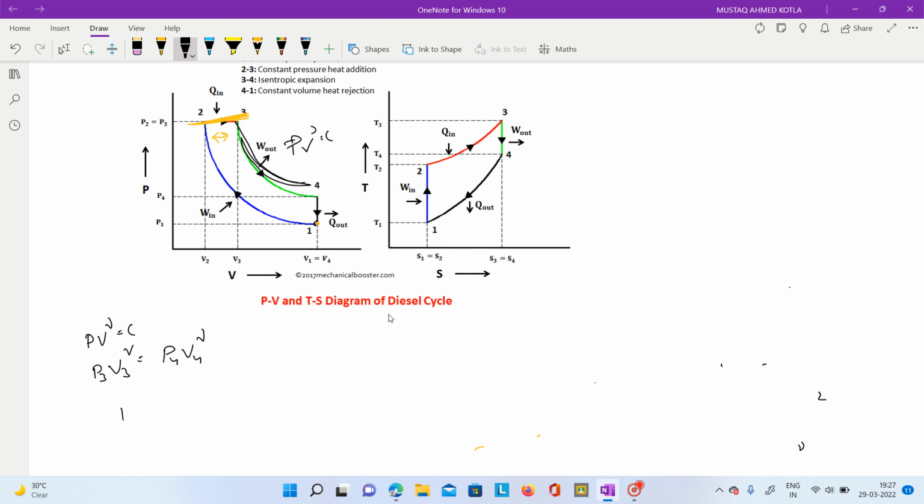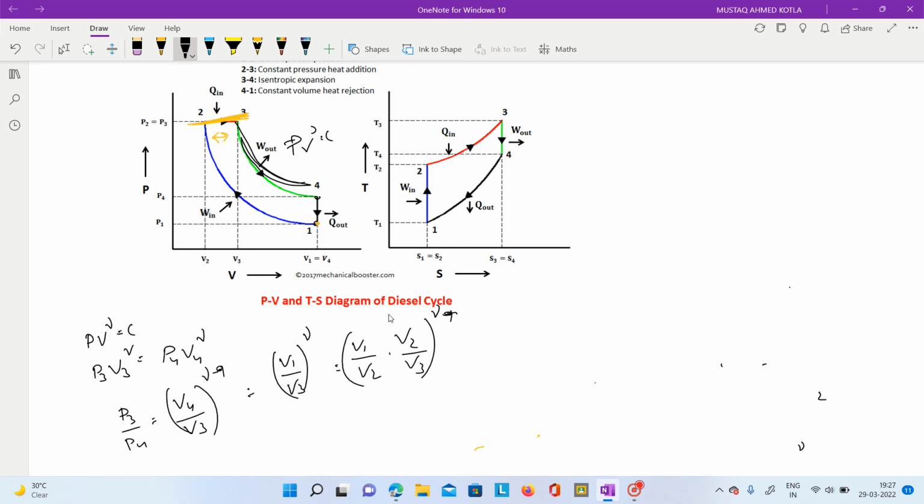What we will get is P3 by P4 equals V4 by V3 whole power gamma, and V4 equals V1, so V1 by V3 whole power gamma, which equals V1 by V2 into V2 by V3 whole power gamma.